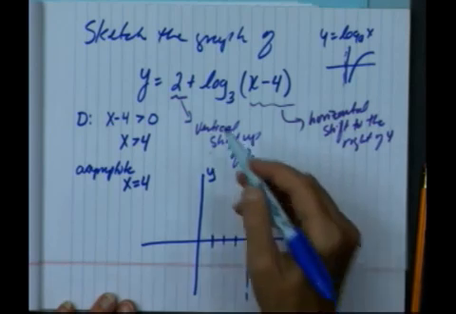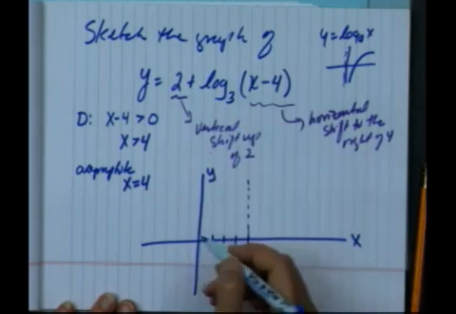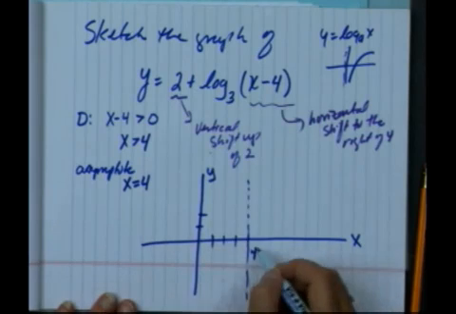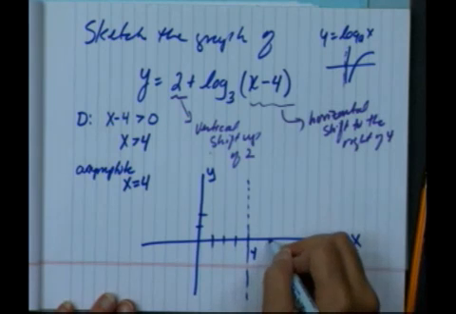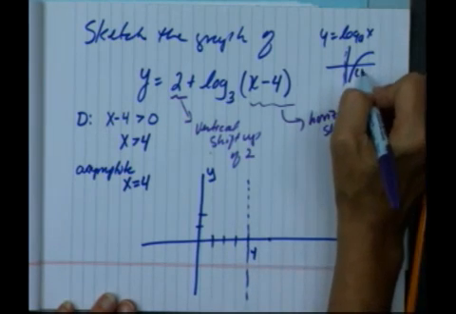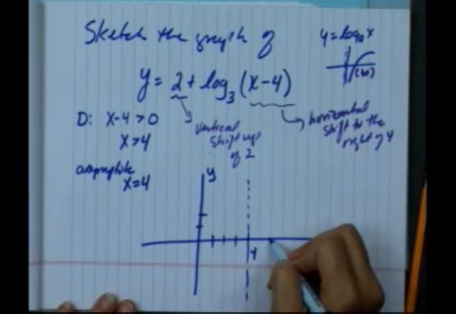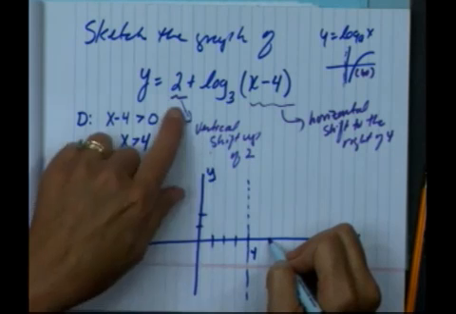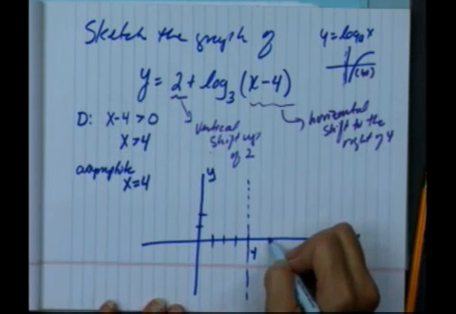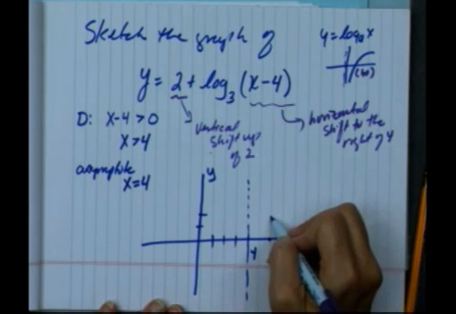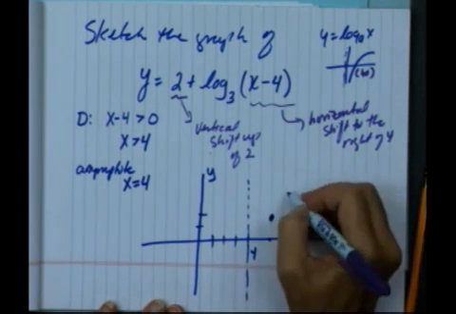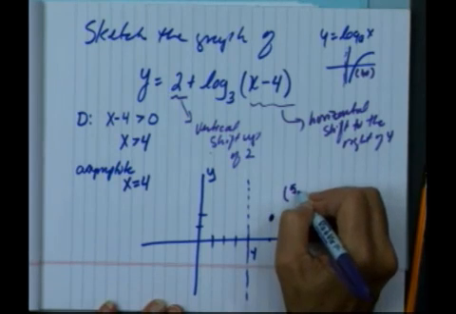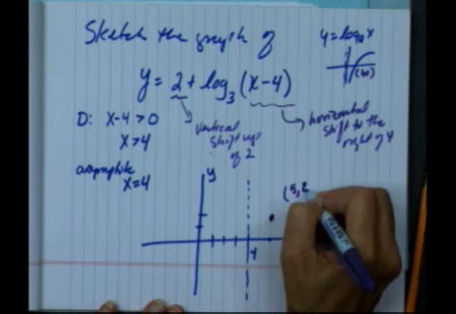But really, this shifting up of 2, I'm just going to go ahead and shift it up 2. I move everything over 4. You know that it would normally go through the point, this is 1, 0. This would normally go through the point 5, 0. But now what's it going to do? It's going to go up 2, so this point goes up 2 with it, correct? So a point on the graph should be 5, 2.